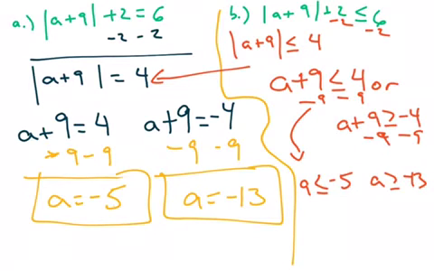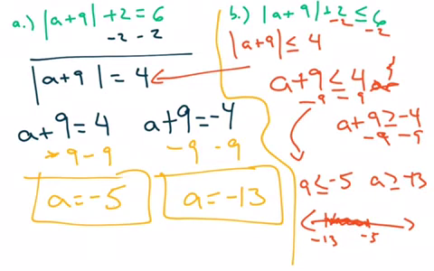Okay, now what I recommend doing here is to actually draw a picture so that you can visualize what we're seeing here. So we have negative 5 here, negative 13 here. So we're saying that a is less than negative 5, which would be values out here, and when we're saying a is greater than negative 13. So while I said or here, actually this is an and statement, okay? It's just these values.